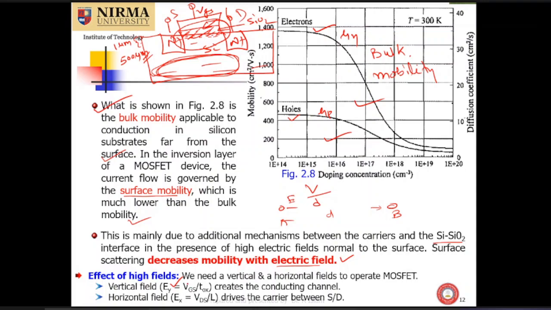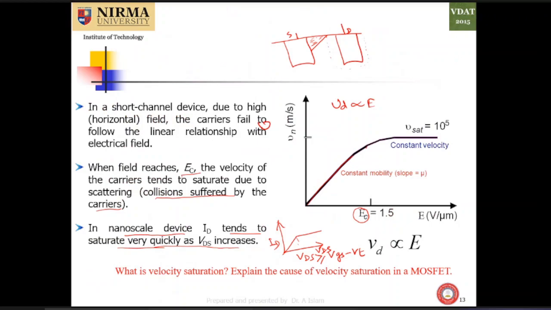Now, the impact of high electric field on drift velocity we'll discuss. In this plot, we already know that Vd is proportional to E, the electric field. The proportionality constant is mu, so it should increase linearly at a 45-degree angle, for example.